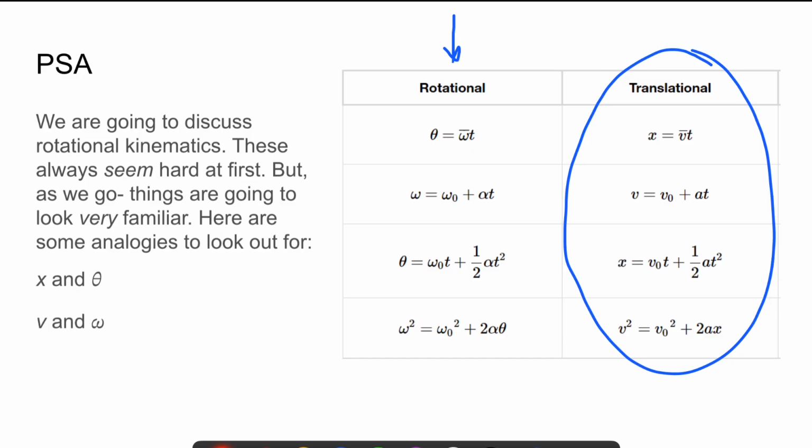And then velocity has an equivalent, which is angular velocity, or omega. And our acceleration from translational motion has an equivalent as well, represented by alpha, and it's what we're going to be talking about today, which is angular acceleration.